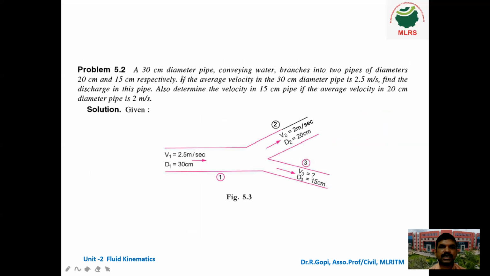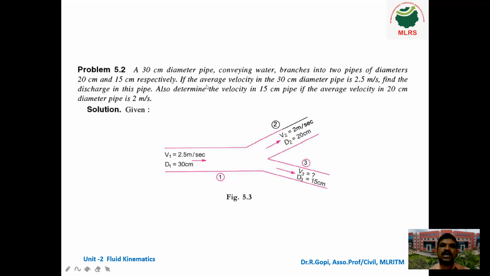A 30 centimeter diameter pipe conveying water branches into two pipes of diameters 20 centimeter and 15 centimeter respectively. Here you can see the diameter is 30 centimeter, and this pipe is divided into two branches. The first branch diameter is 20 centimeter and the second branch diameter is 15 centimeter.